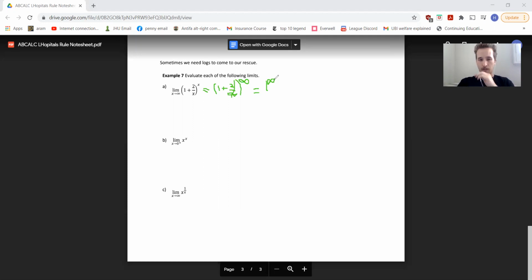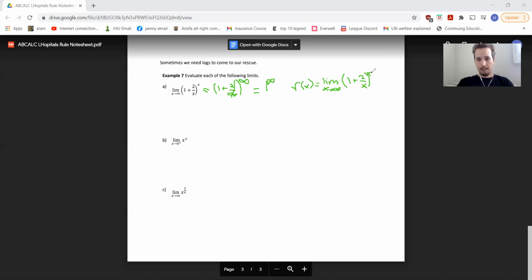So we have an indeterminate form, but how can we get this in terms of a form that we can use for L'Hopital's? Well, we can take the log of both sides. So right now we have f of x equal to the limit as x goes to infinity of 1 plus 2 over x, to the x.